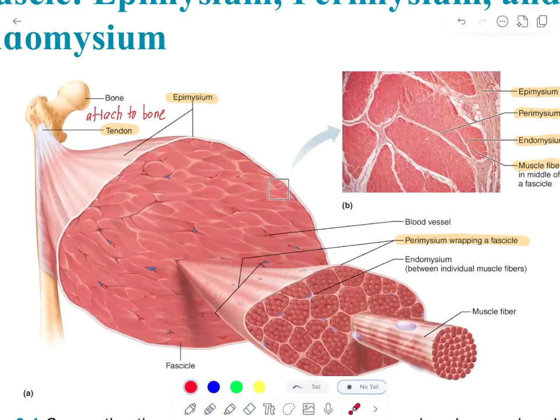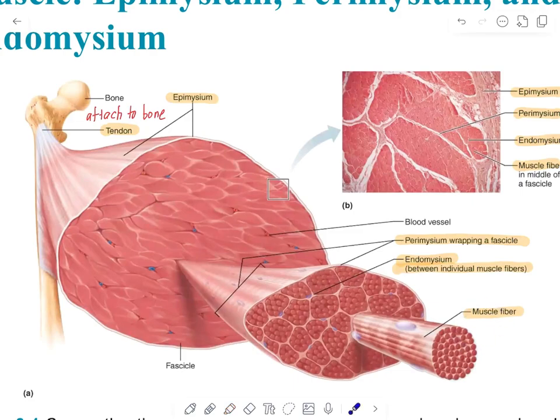So this group right here, for example, is a group of muscle fibers called a fascicle. And the endomysium is then found in between muscle fibers.